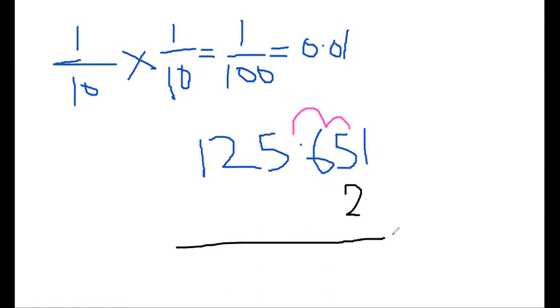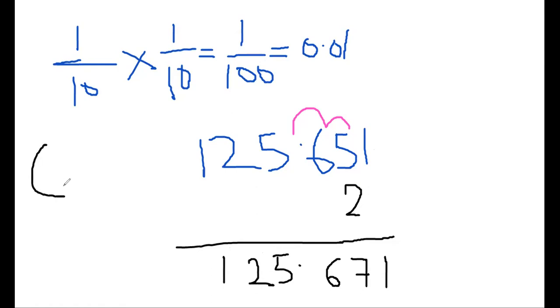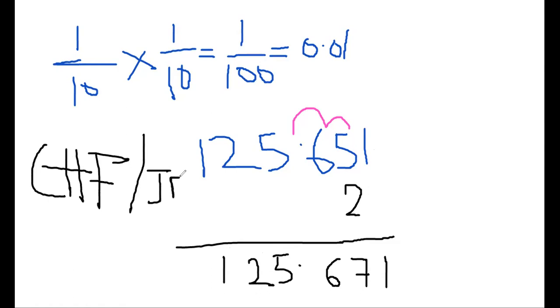So 5 plus 2 is 7, then 6 comes on, and we have 125.671. This is how to add pips to yen pairs. A very good example of a yen pair is CHF JPY. So let's proceed.